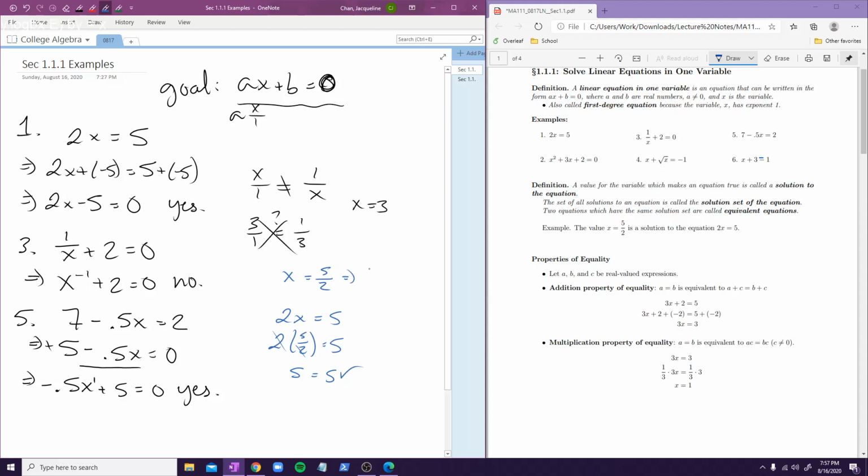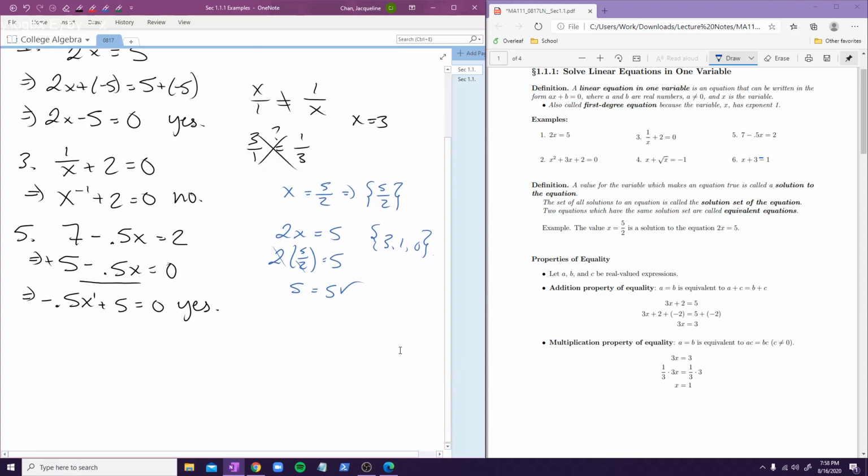Another way to write this is with the squiggly braces, 5/2. This is the solution set. But if there were more, you would just separate them with commas and then close them out. And for equivalent equations, an example would be x minus 1 equals 0, and x minus 3 is equal to -2.